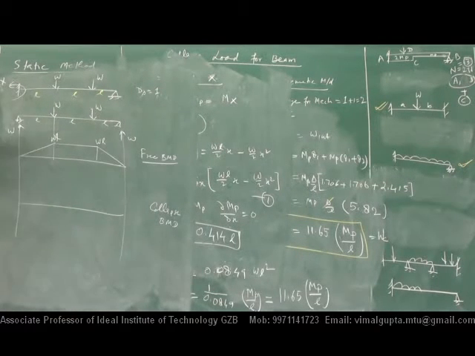Collapse BMD, simply plot the BMD for the redundant first of all. So this is MP, okay, and then superpose that.